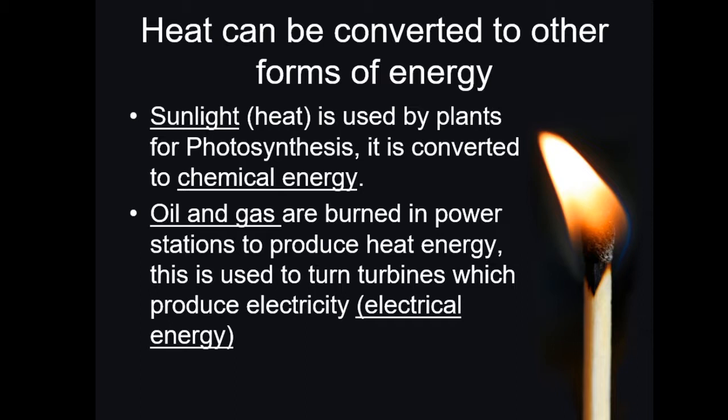So heat is then converted to chemical energy. Oil and gas are also burned in power stations to produce heat energy, right? The heat energy they produce is then used to turn the turbines, which then produce electricity, okay? Which is electrical energy.